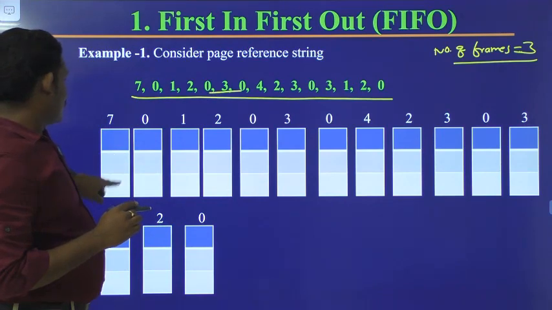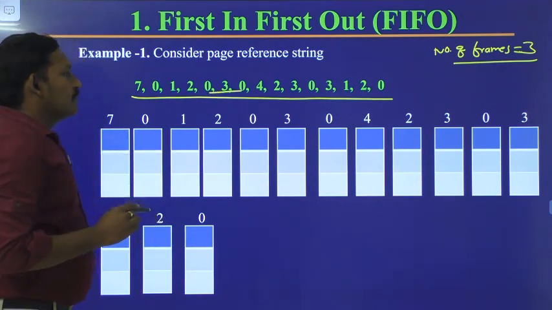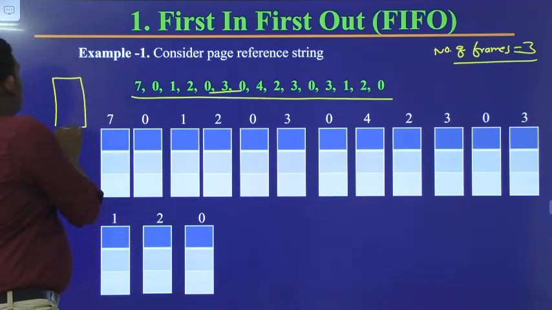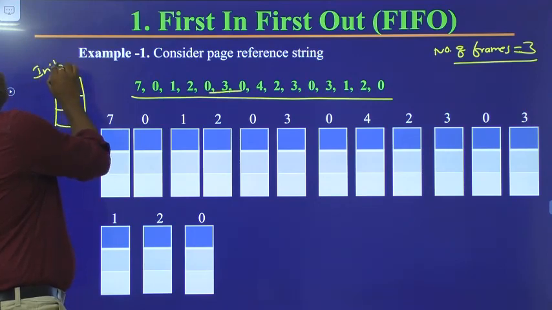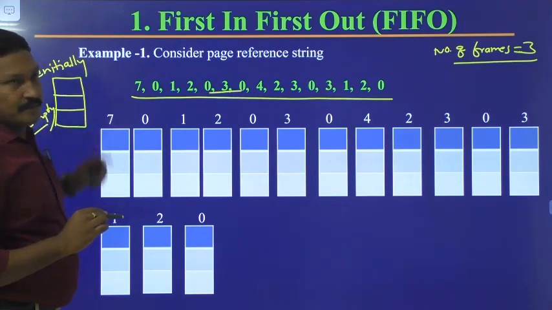That's why I have kept 1, 2, 3, 1, 2, 3, 1, 2, 3, like that. Initially it will be empty.